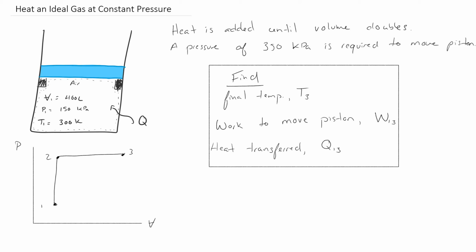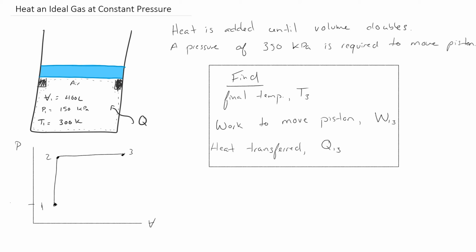Okay, so if I look at the description of the process on a PV diagram, this is a particularly useful diagram in this case. I get a visual description of what is happening to my gas over the course of the few processes that are happening here. So I'm starting at some pressure and volume at state 1.